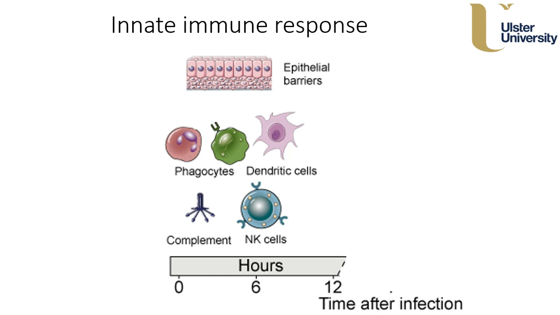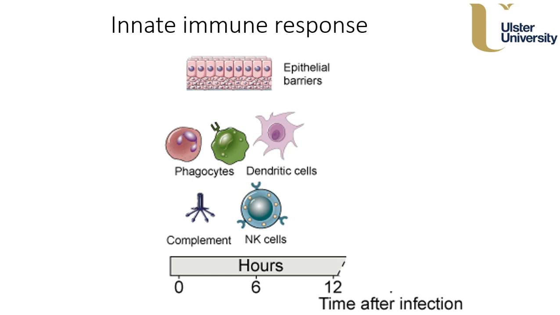In terms of a time frame, the innate immune system is stimulated immediately when a pathogen bypasses the first line of defense. The immune cells have pattern recognition receptors, PRRs, on their surface, and through these they recognize PAMPs.